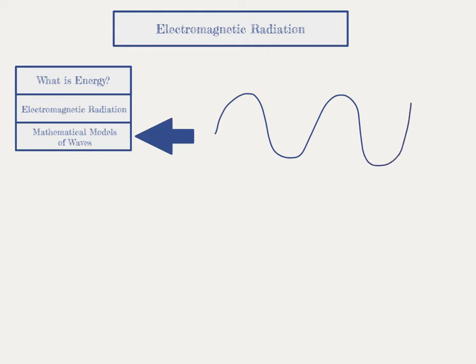First things first, the wavelength of any kind of wave, but especially electromagnetic radiation today, is the distance between two crests or troughs, one complete oscillation. We generally measure this quantity in meters.